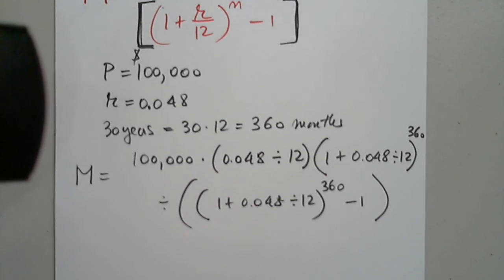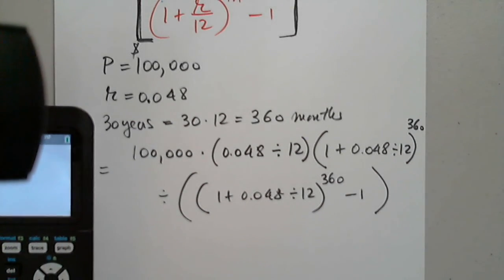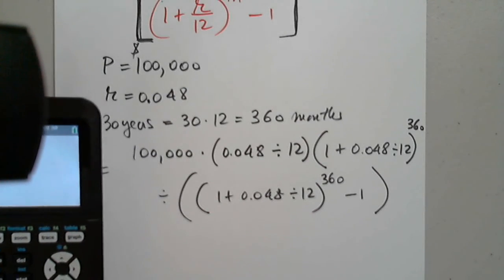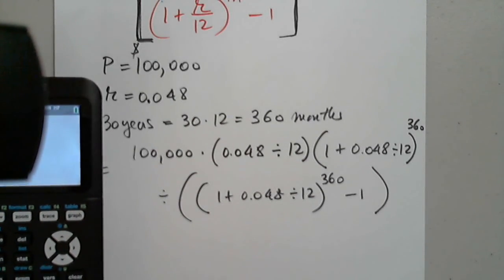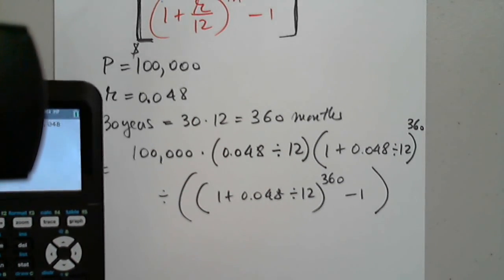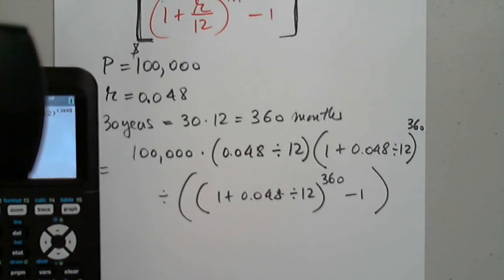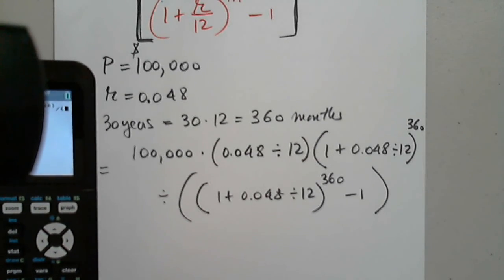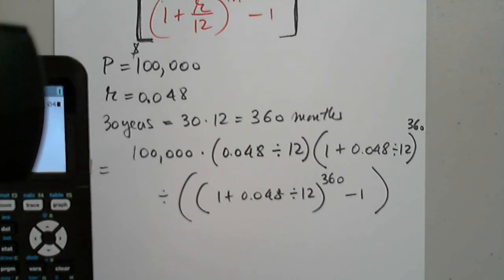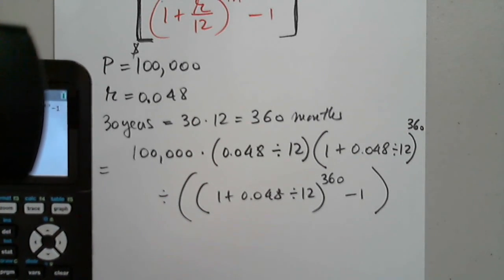Okay, since you're still copying, and I really would like to finish the problem, I'm just going to enter it. 100,000, parenthesis 0.048 divided by 12, close, open another one, 1 plus 0.048 divided by 12, close, put the caret, I will put parentheses because that's me, 360 in parentheses, make sure to come down, divided by, left parenthesis, 1 plus 0.048 divided by 12, close, put the caret, parentheses 360, close, come down, minus 1, close.